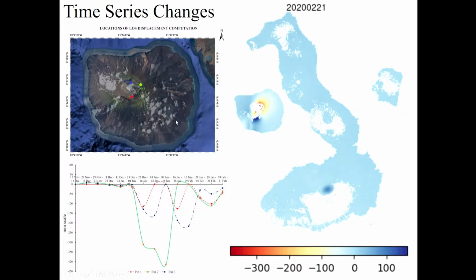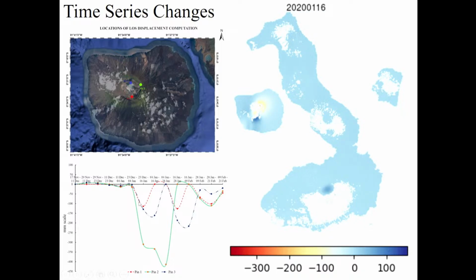We did the time series analysis of the subsidence for these 3 pins near the caldera. In the image you can see the 3 pins represented in red, green, as well as blue color. So red, green, blue are the locations of the 3 pins.